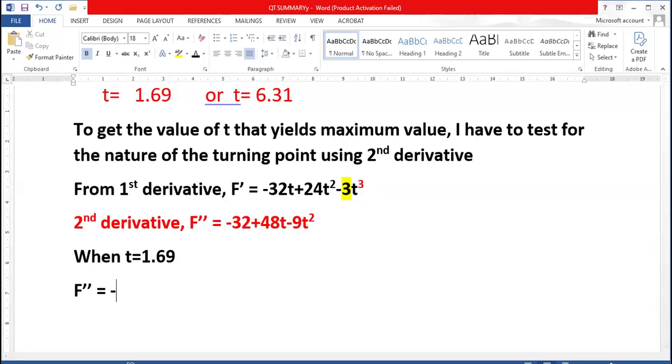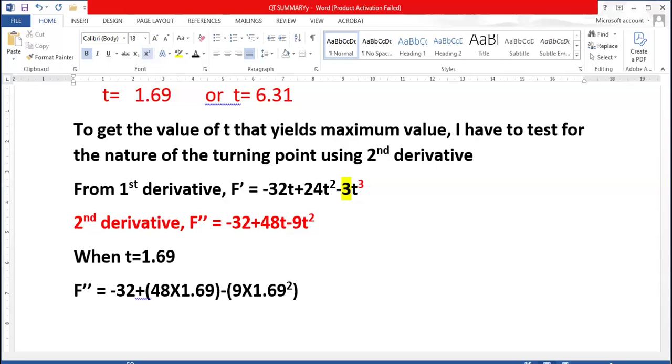This will be negative 32 plus open bracket 48 times 1.69 close bracket minus open bracket 9 times 1.69 squared. What do you get here?